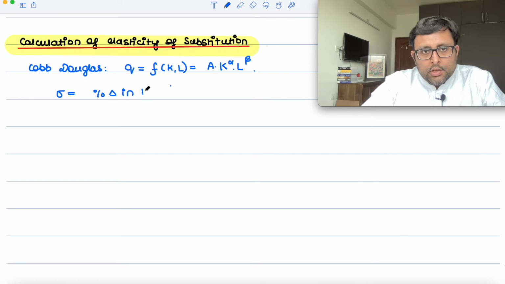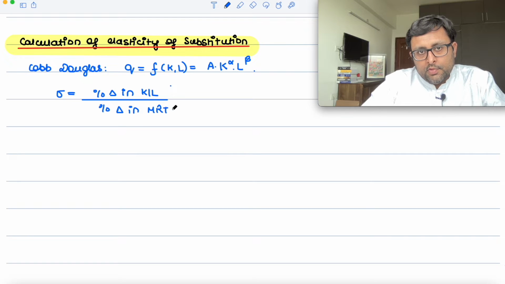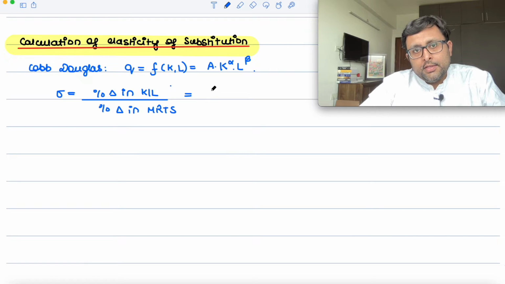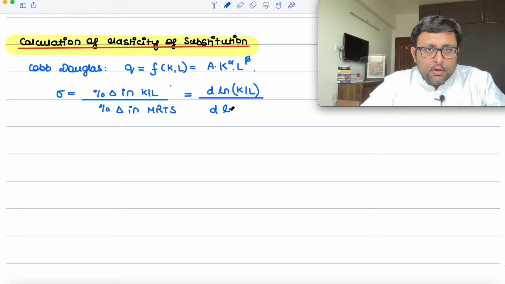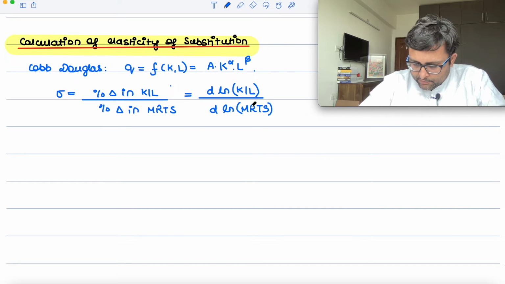Percentage change in K by L upon percentage change in MRTS, right? Which you have written as d log of K by L upon d log of MRTS, right?